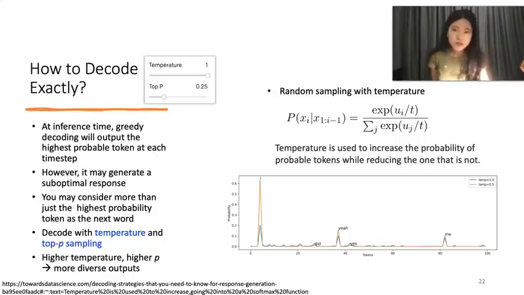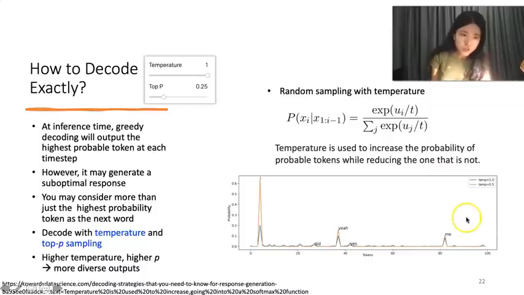To see this, you can look at this figure here. Comparing temperature 1 to temperature 0.5, for a higher temperature, you will have more tokens that give you a somewhat high probability that you may want to sample from.